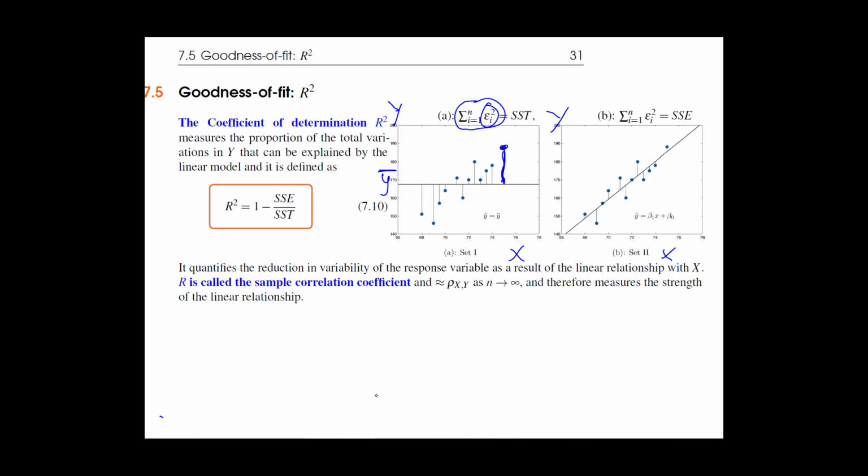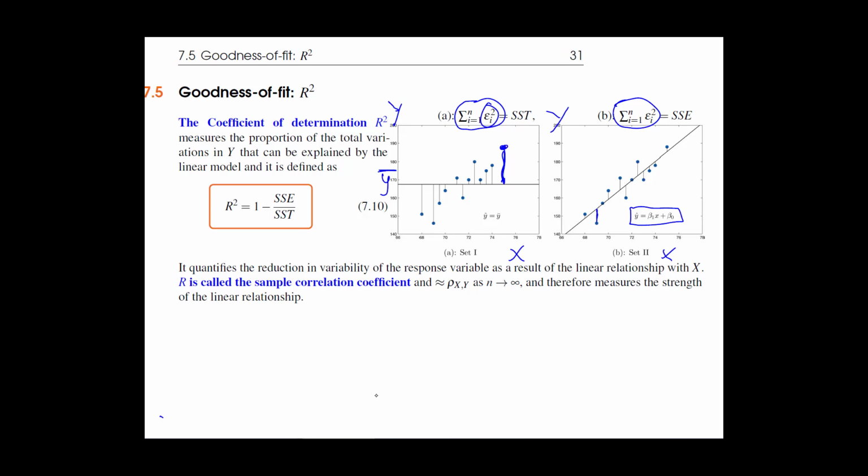And then we're going to compare that variance with the variance that you'd obtain for this right figure here. Now you see that the error bars are with respect to the line. So in the right figure, we are using the model, our linear regression model, and we're computing the new variance, let's say, with respect to that line. In this case, the sum of squares is SSE, the error sum of squares.